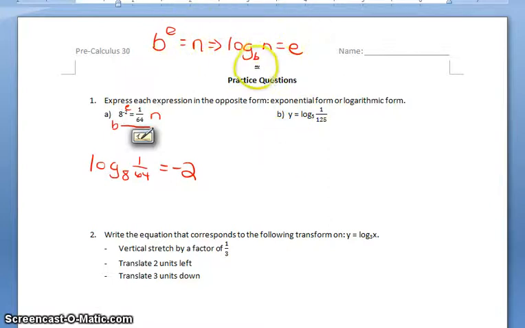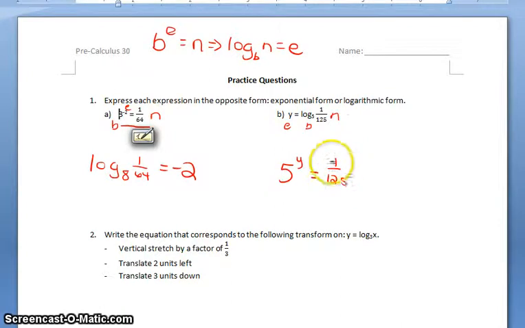Looking at log b of n equals e, our base b is 5, n is 1 over 125, and e is equal to y.